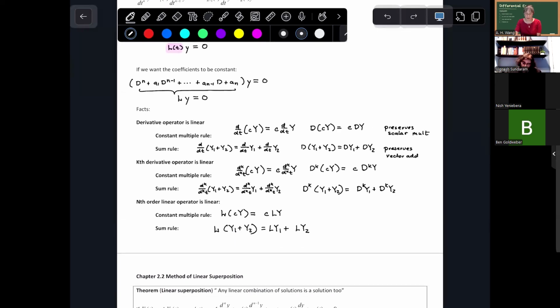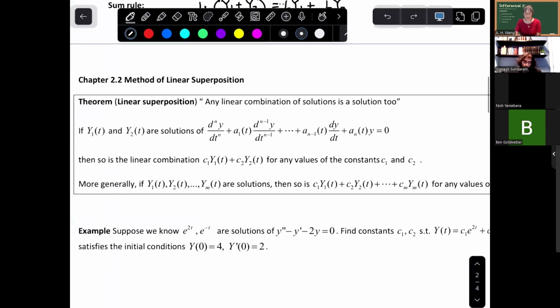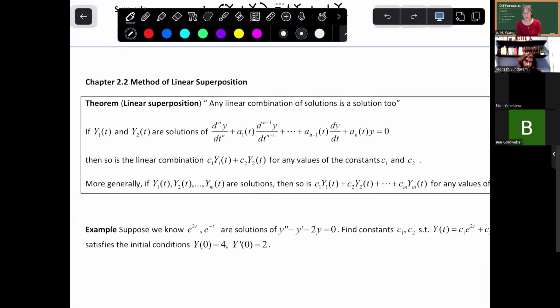Okay, now what we want to do is this thing called the method of linear superposition. When you combine solutions linearly, any linear combination of solutions is going to be a solution too. Now, what does that say? That's saying, say you have two solutions right here. What does that mean? That means if you take this one and plug it in here, you will get a true statement. Left-hand side will equal right-hand side.